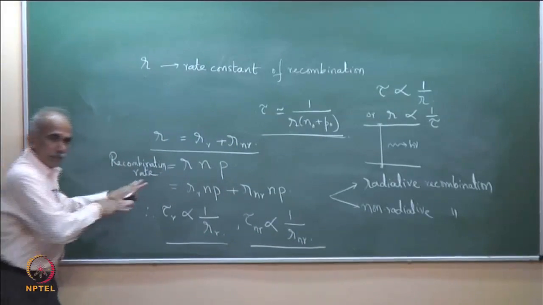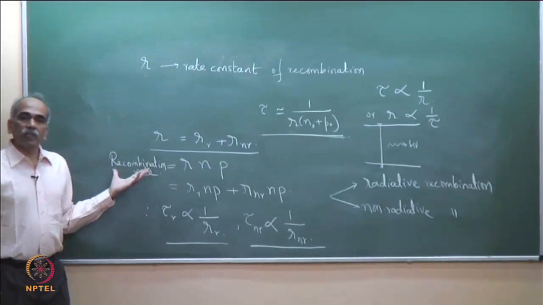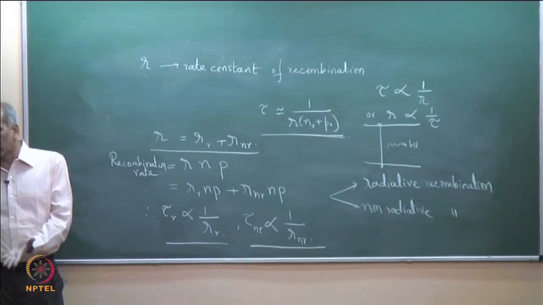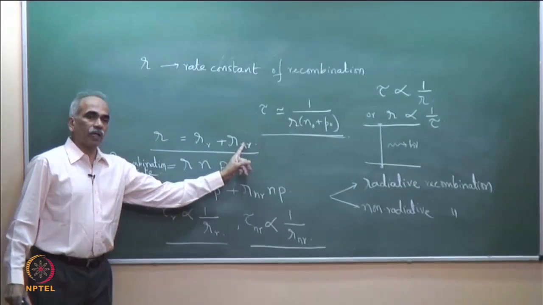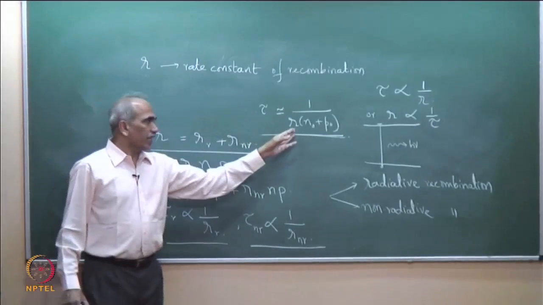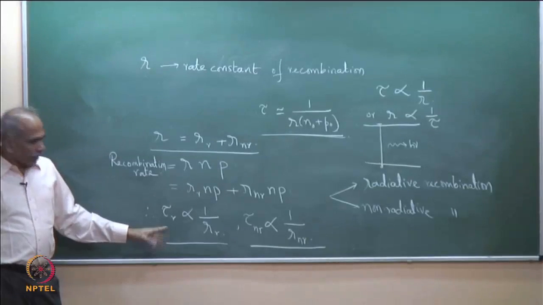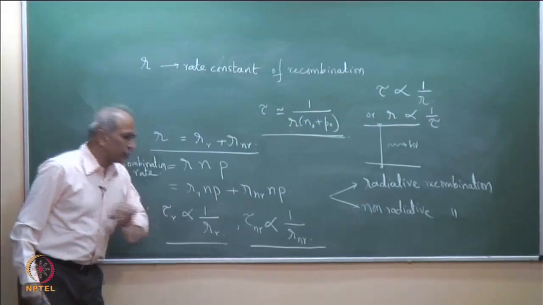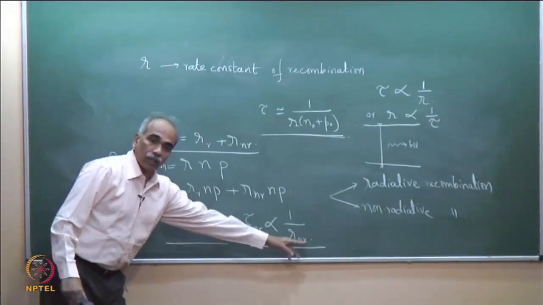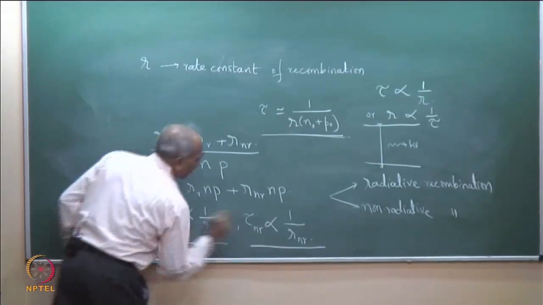It will all become clear when we reach the required result. Right now, what we know is recombinations comprise of a radiative part and a non-radiative part. Accordingly, I have split R into RR plus RNR, and also since the rate constant is inversely proportional to a time constant, therefore, we define a radiative recombination lifetime tau R and a non-radiative recombination time tau NR. They may be very different, and so this is what I have defined. Why we have defined, it will become clear.